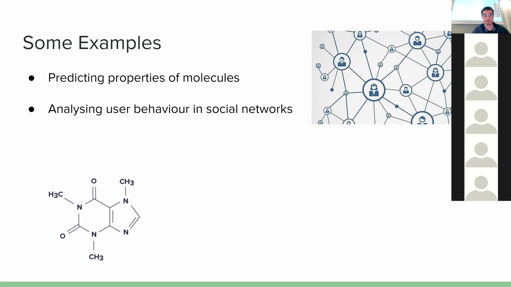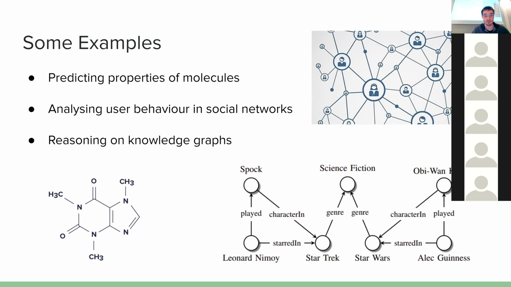But then also some more fancy stuff like reasoning on knowledge graphs, where knowledge graphs are basically these graphs where we connect different concepts to each other with edges that tell us how these concepts are related to each other. And graph representation learning can be used to represent these graphs and to be able to reason and draw conclusions.